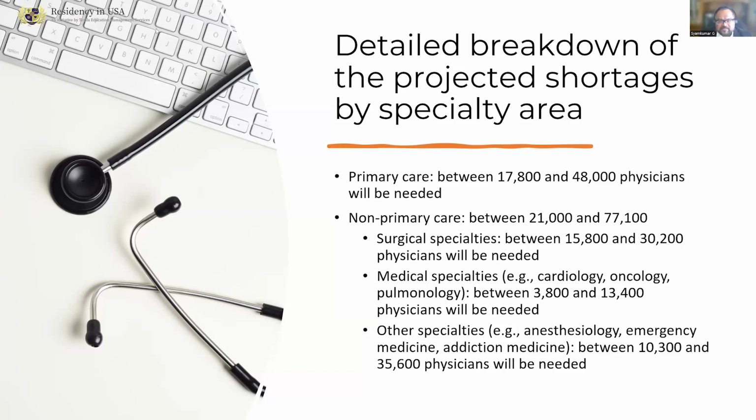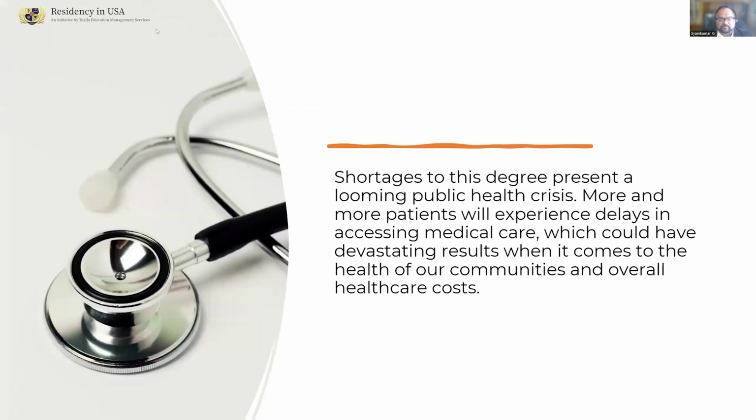Medical specialties around 3,800 to 13,400. Other specialties all put together around 10,300 to 35,600. This is the expected physician shortage broken down by specialty. So roughly, there is a 124,000 or 125,000 physician shortage expected in the US in the next 10 years or so.